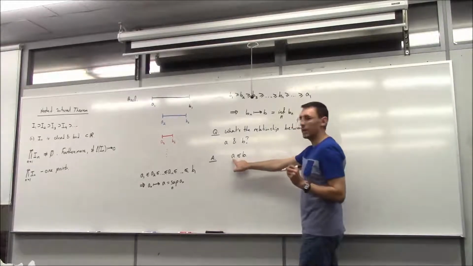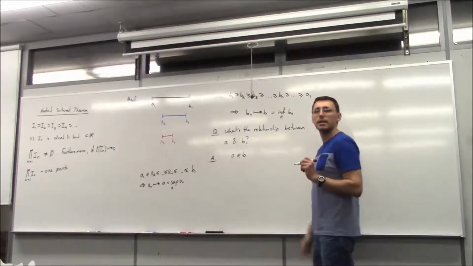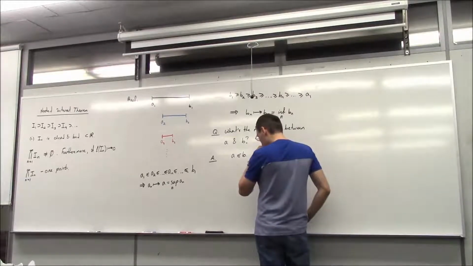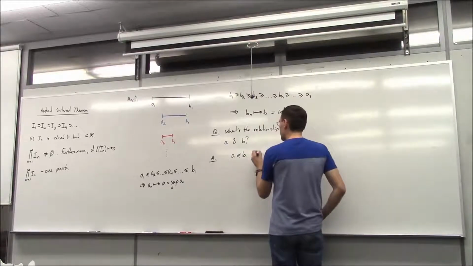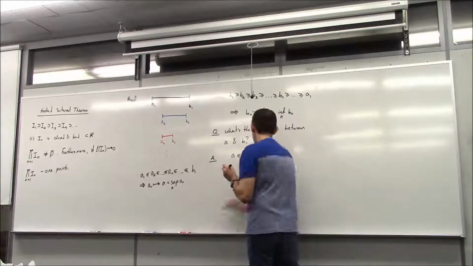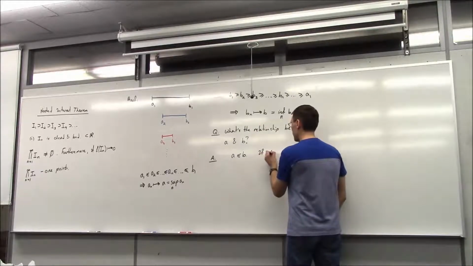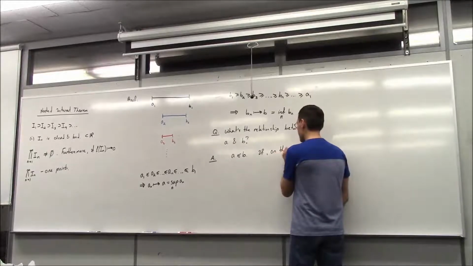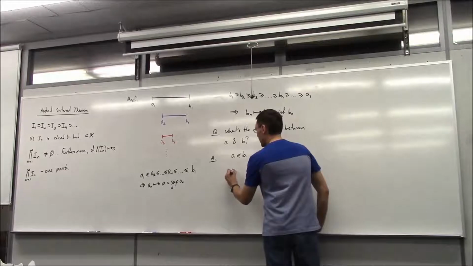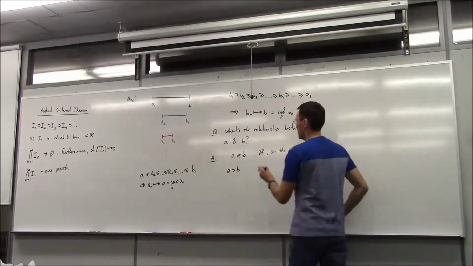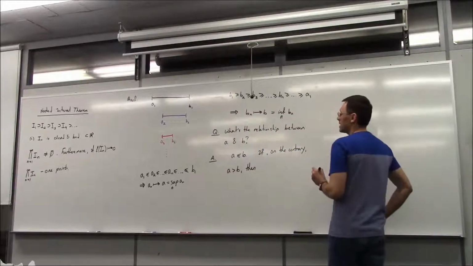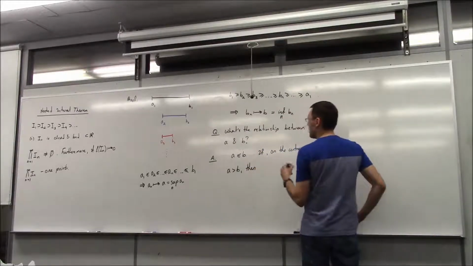So first I need to make sure that I'm not wrong, that A is indeed less than B. So what you can say is that, on the contrary, if A were bigger than B, then what happens?